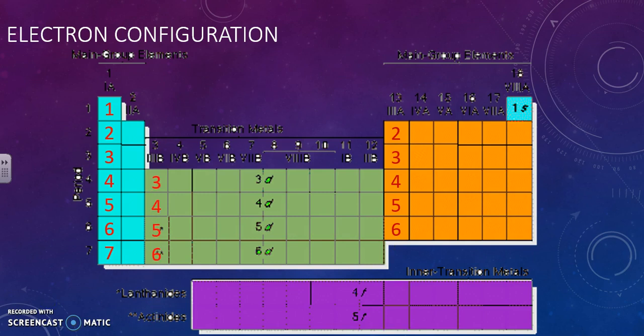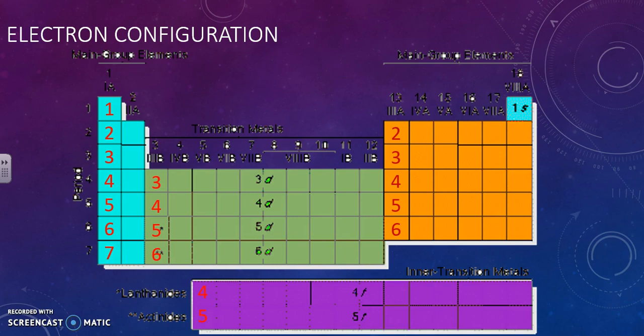The F area starts at 4 and goes all the way down. So the way that I usually remember it: S, P, D, F. 1, 2, 3, 4. S starts with 1, P starts with 2, D starts with 3, F starts with 4. So how is all of this extremely helpful in writing an electron configuration, and what does that even look like?